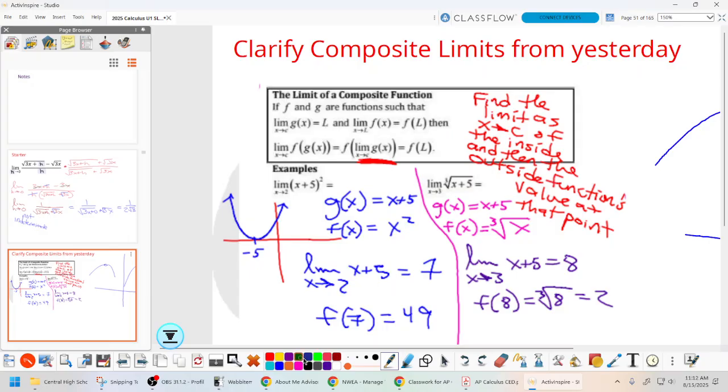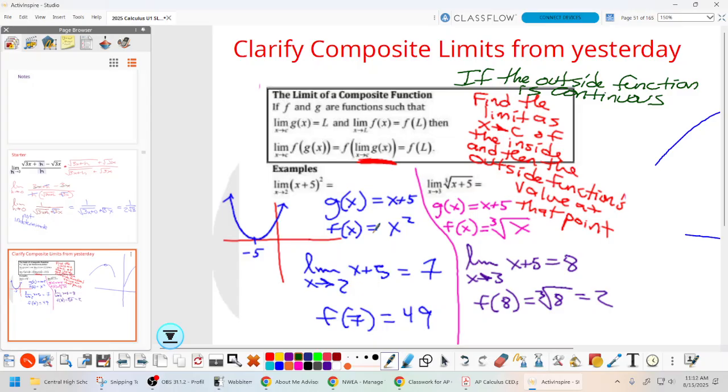So I want to add: if the outside function is continuous, then you do that.